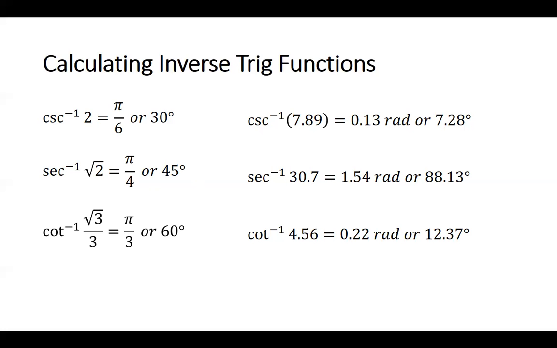So we can use these as reference angles to put us in those other quadrants also. So we could say the first one, the inverse cosecant of 7.89 could be 7.28 degrees, or it could be 180 minus that, so 172.72 degrees, etc.